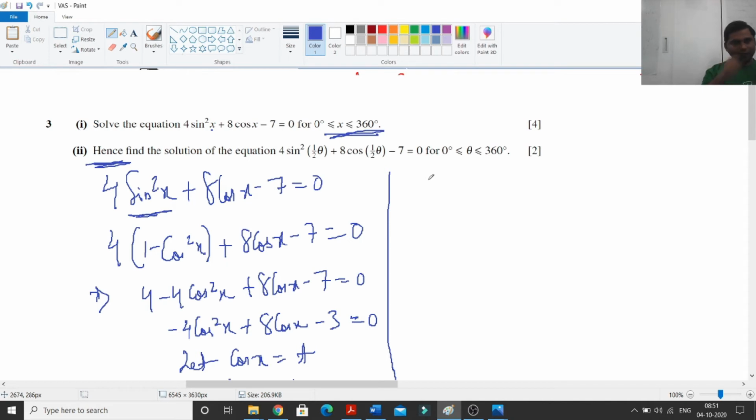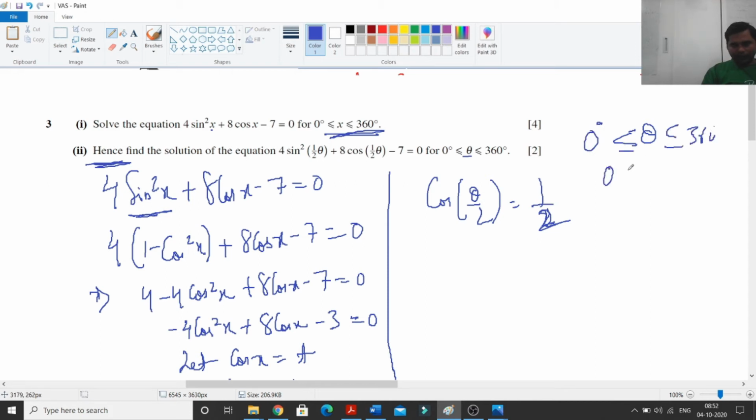As cos x was 1 over 2, it means cos theta over 2 will be 1 over 2. And as theta lies between 0 and 360, if you divide by 2, theta over 2 lies between 0 and 180 degrees.